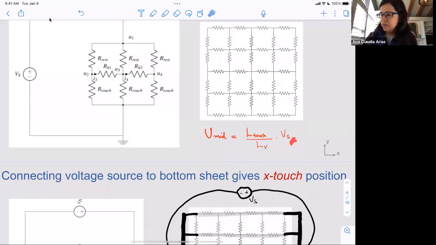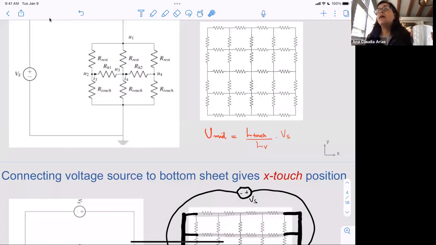Vs is the voltage that we apply across this array of resistors in order to find out where we are touching. Okay, questions so far? Does this ring a bell to everyone? If you haven't watched the class, then please do watch last class because it's important.